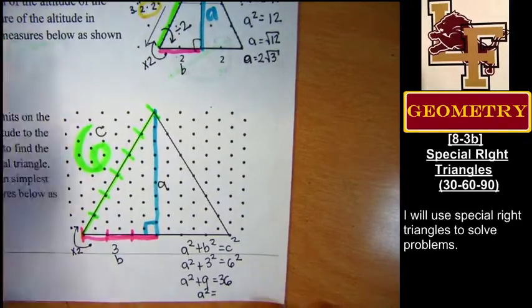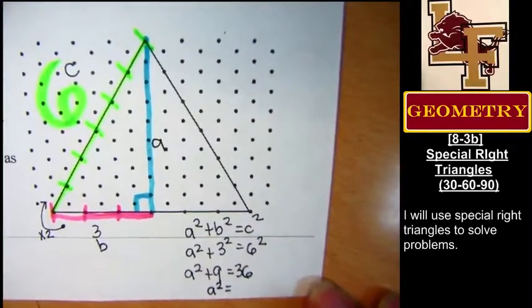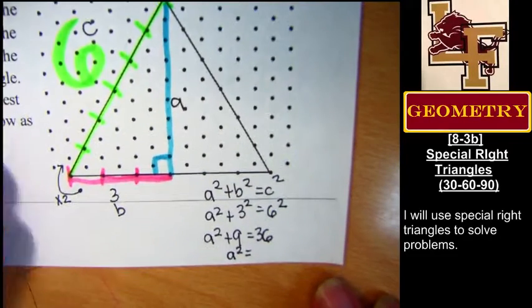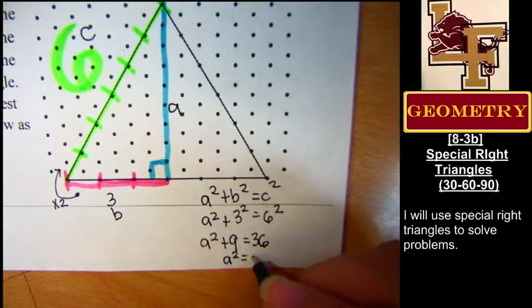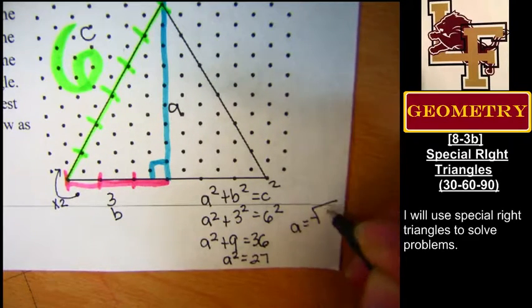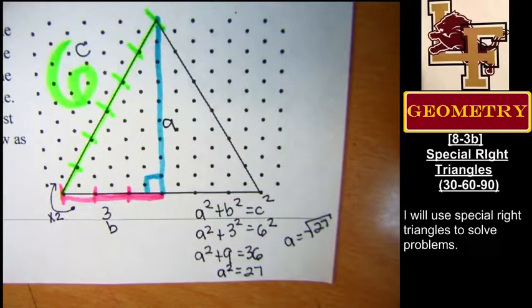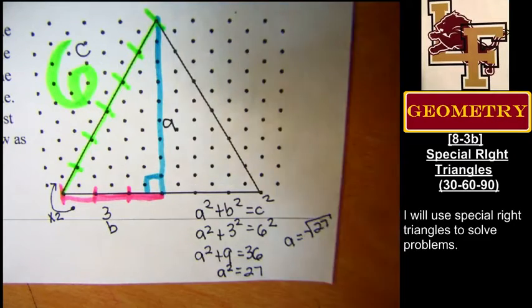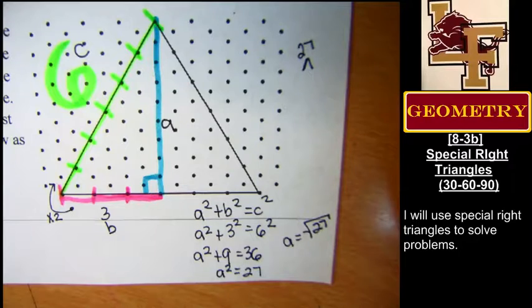I need help subtracting 9 from both sides, please. 36 minus 9? 27. And so A equals the square root of 27. Again, I want to try to see if this has a square root 3 hidden in it somewhere. So we're going to take 27 and break it into factors. Factors of 27, please.